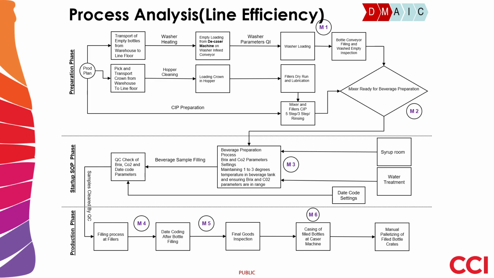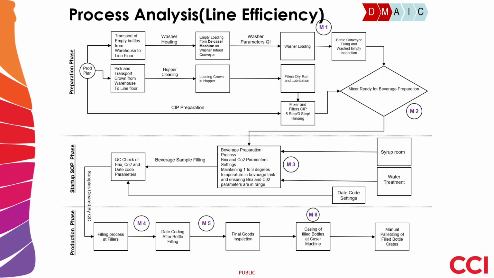After the production plan, we prepare our mixer and fillers with 3-step and 5-step CIPs. We transport empty bottles from the warehouse to the line floor. We pick and transport the raw materials required for the line. After that, the washer is heated and empties are loaded. They come to the washer and the bottles are cleaned.